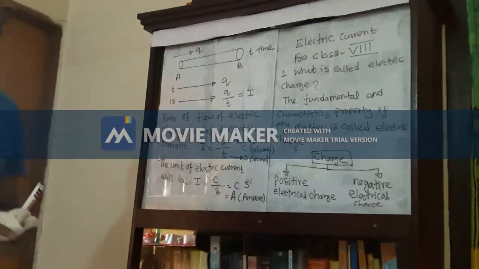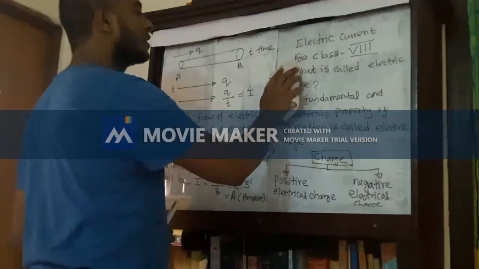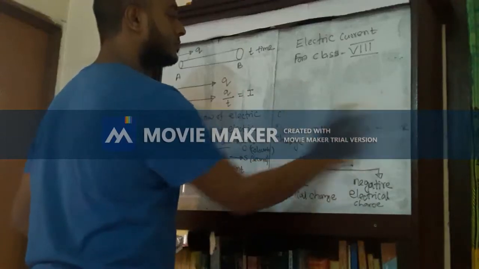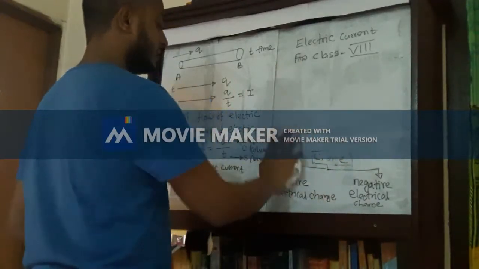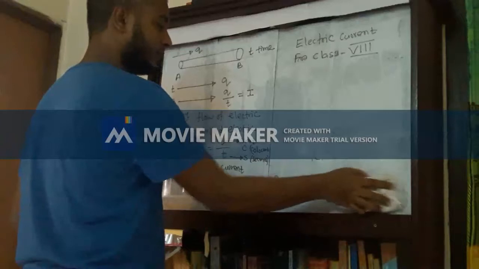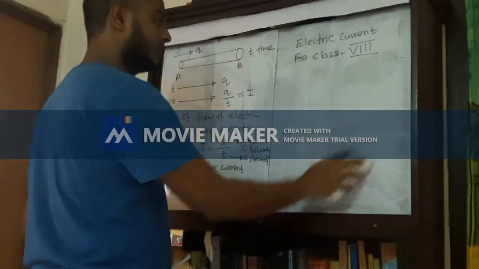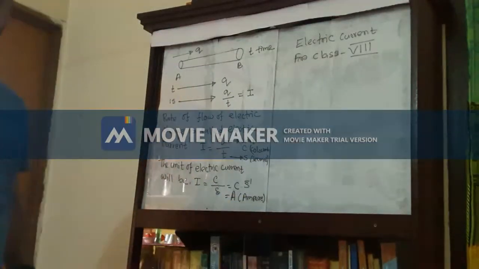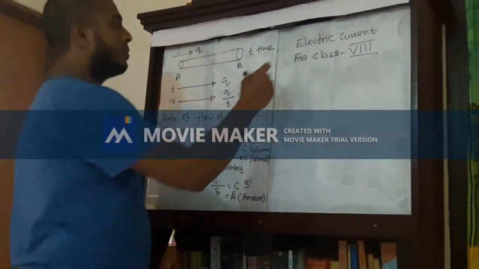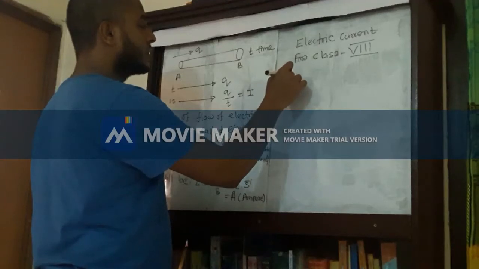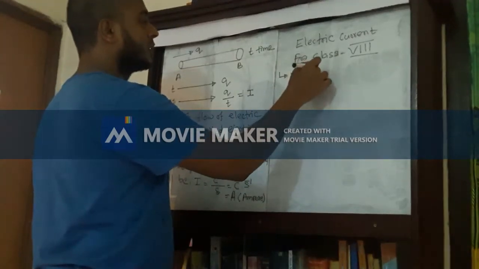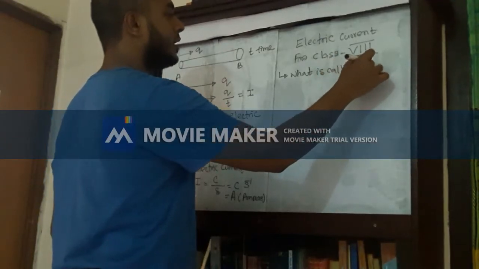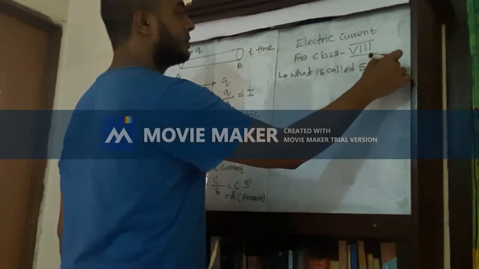In the next segment, I need to know what is called 5 ampere current or something like this. Now boys and girls, my next question, what is called 5 ampere current?